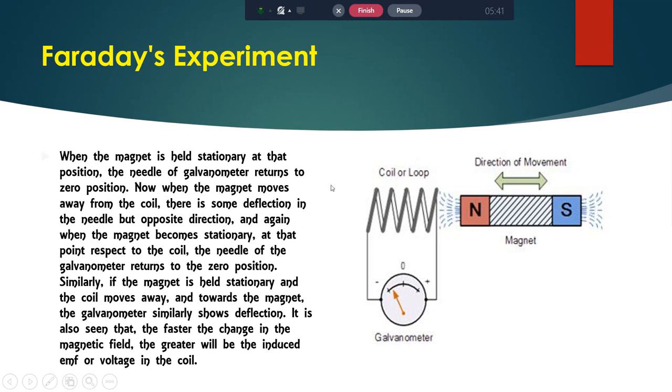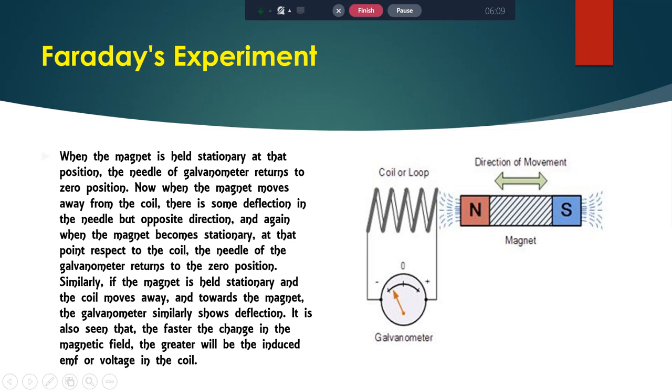galvanometer. As a theory, when a magnet is held stationary at a position, the needle of the galvanometer returns to the zero position. When the magnet moves away from the coil, there is some deflection in the needle, but in the opposite direction. Again, when the magnet becomes stationary with respect to the coil, the needle returns to zero.